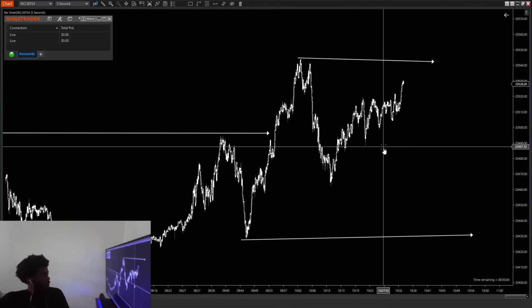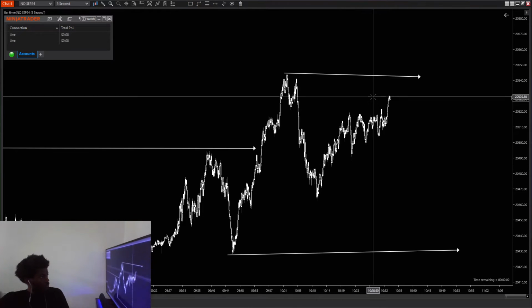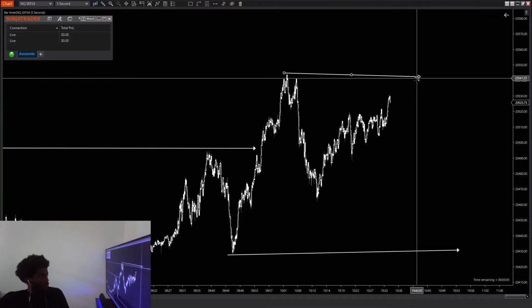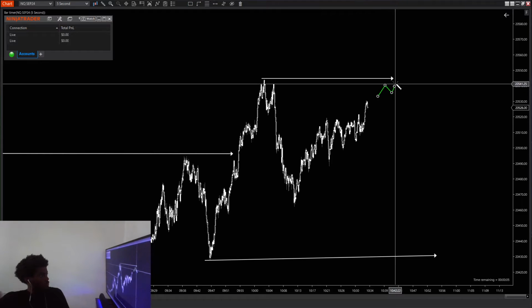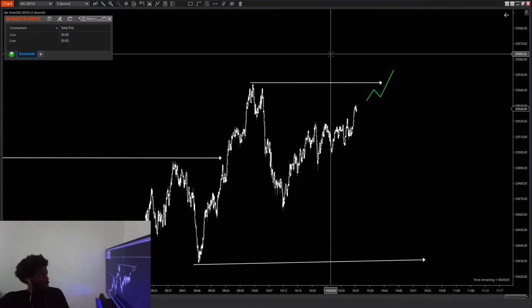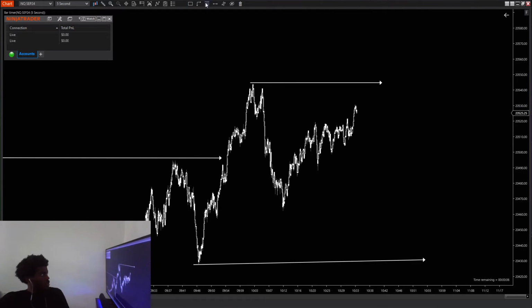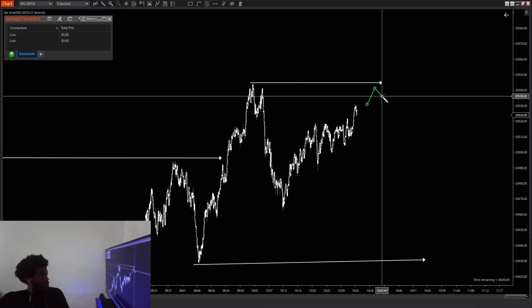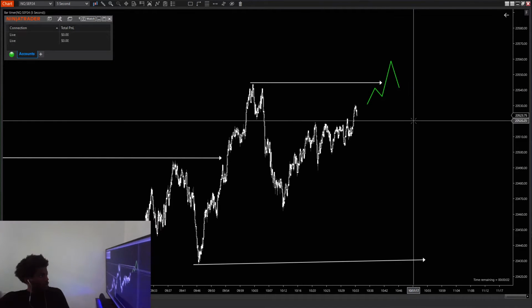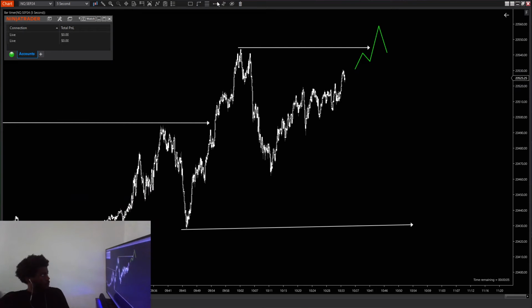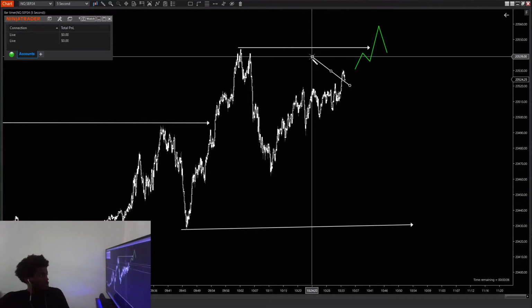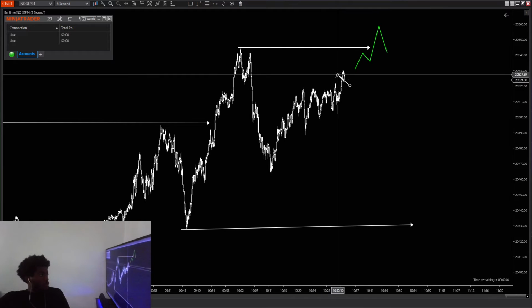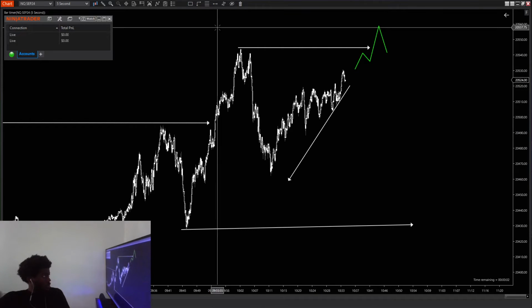But before breakout and then move back into the range. So like this, then back in. Let's say for some reason price doesn't move higher, we target lows.